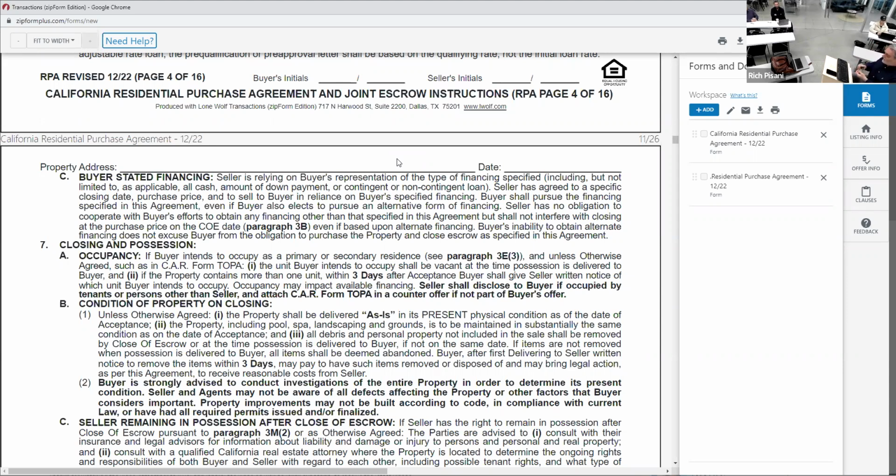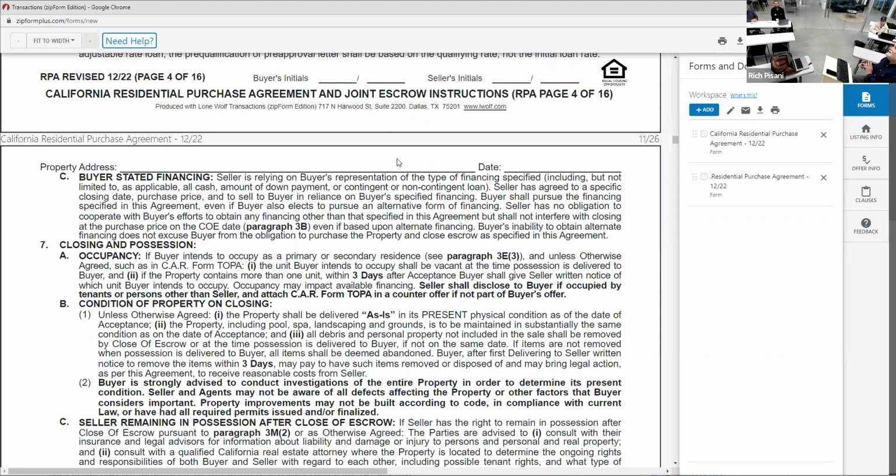And I agree to a timeline, I agree to all of this stuff based on what you told me to do. So what the seller doesn't have to do is cooperate with the buyer to pursue this alternate thing. So if it's gonna take longer, seller doesn't have to do it.